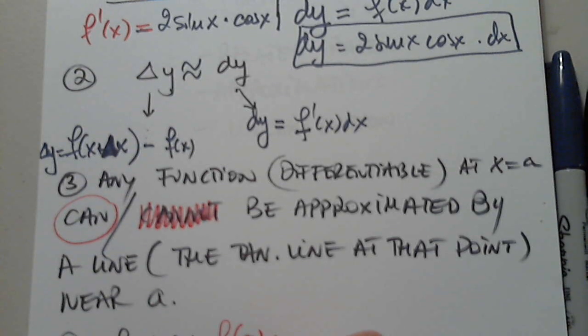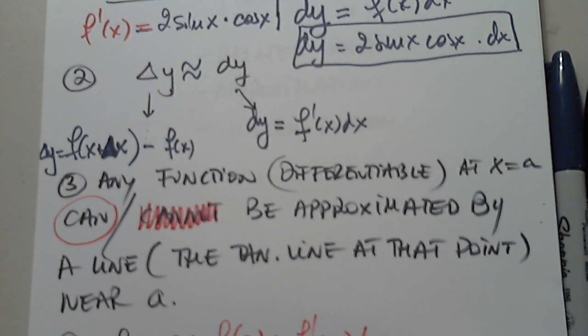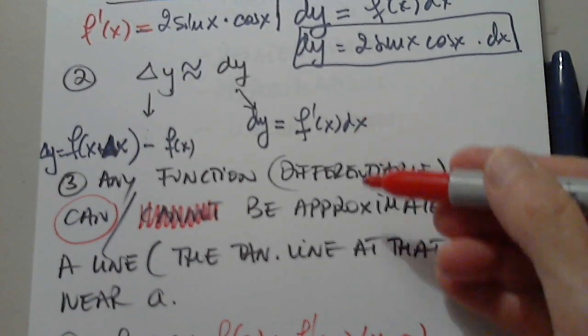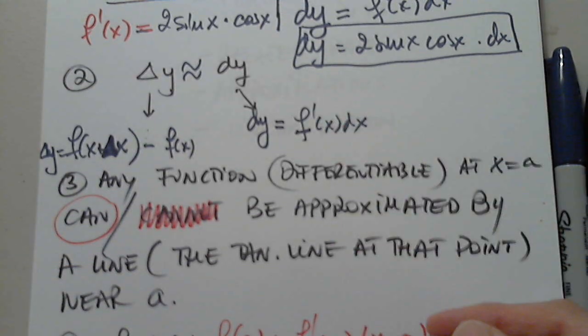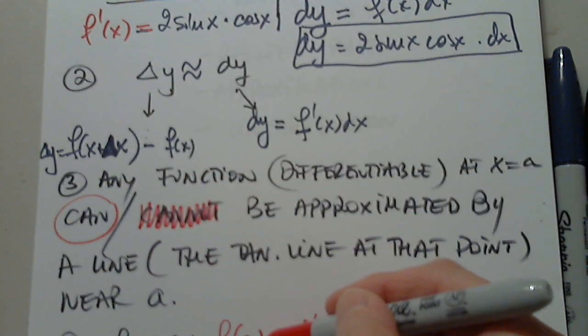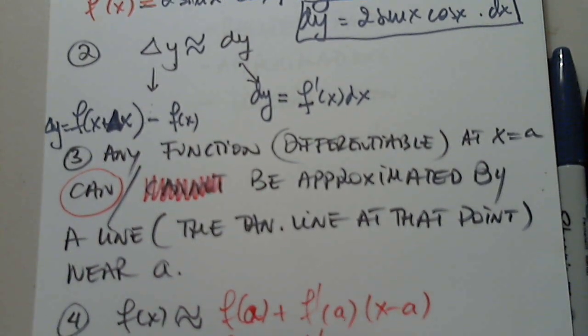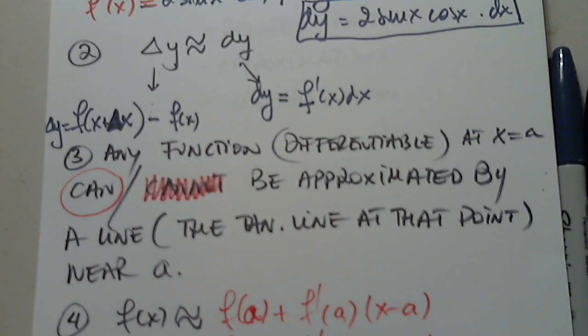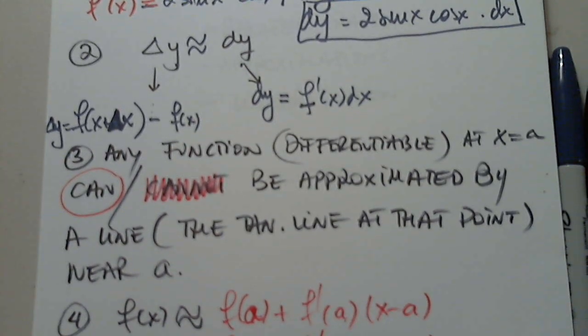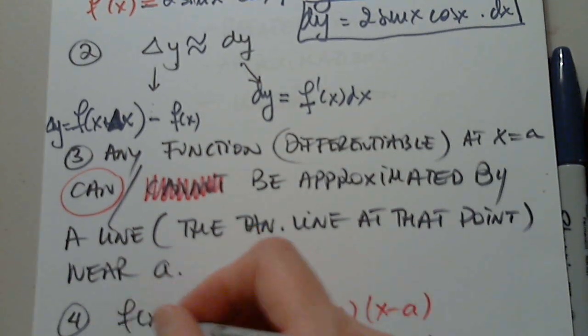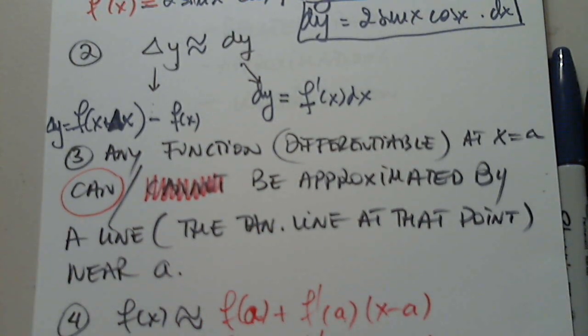Okay, so now we have, and that's the same definition, f of x approximately equals f of a plus f prime of a, x minus a. x minus a is dx. This is the same thing: f of a plus f prime of a, x minus a. This is called the linearization.